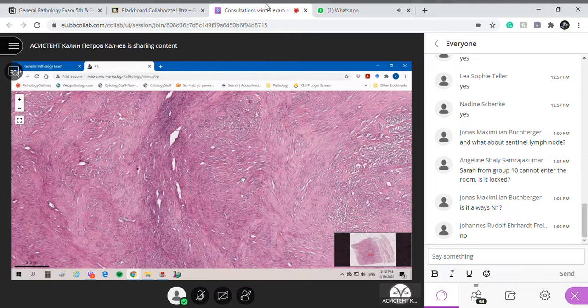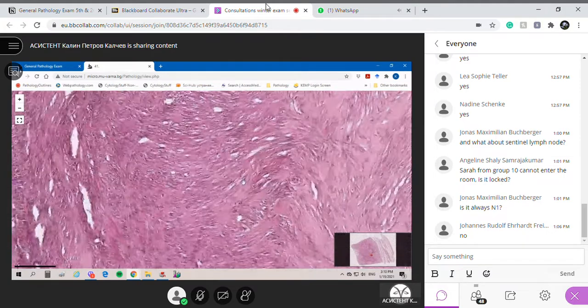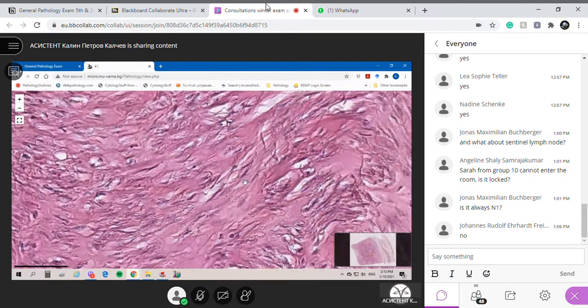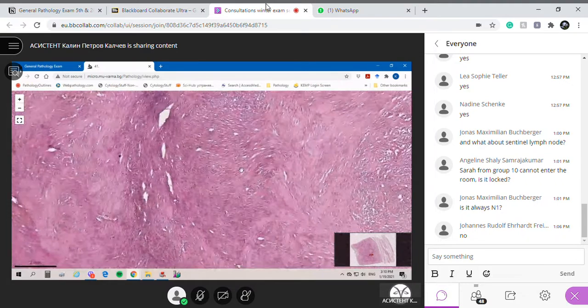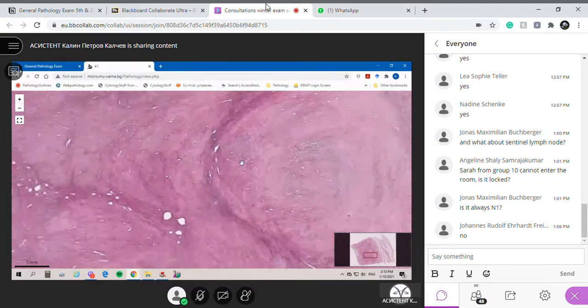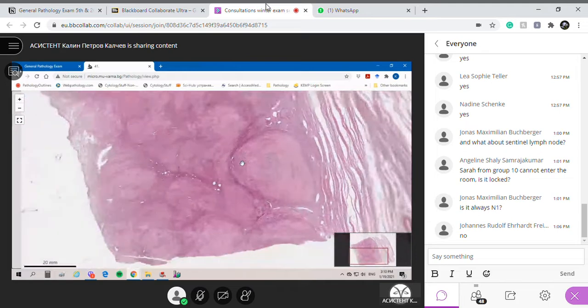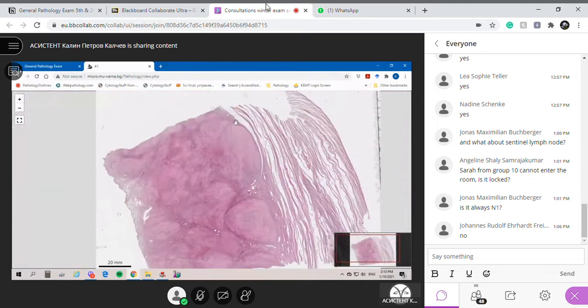But when we look closer at the cells, you will see no sign of nuclear or cellular atypia. So we have a tumor that has structural atypia without nuclear and cellular atypia. And if you look at the margins of that tumor, you can see that these margins are quite sharply demarcated from the surrounding tissue.